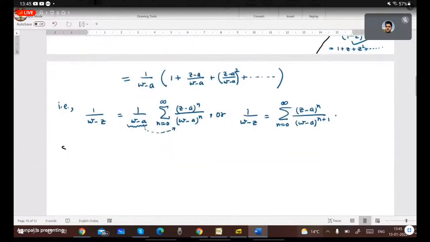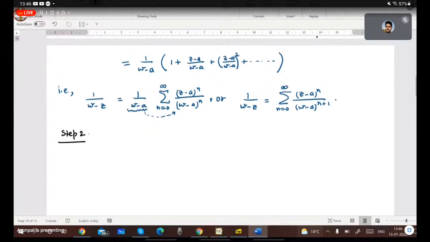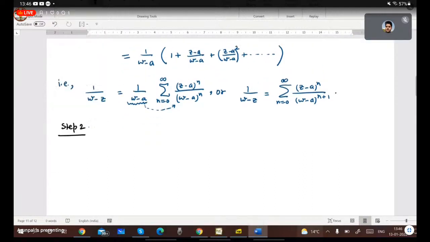Now step 2. Step 2, class. Class, I will show you. Step 2 is claim that this series is uniformly convergent.